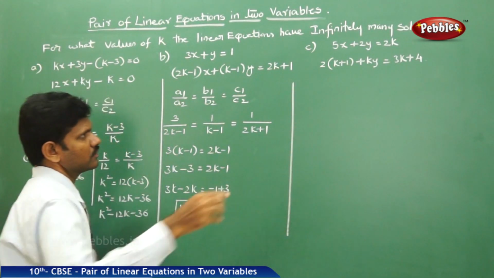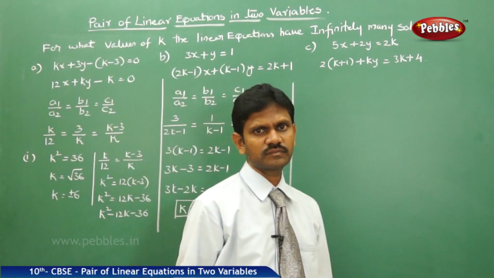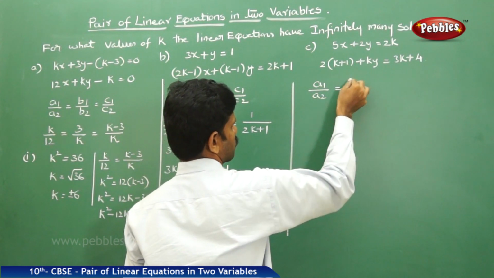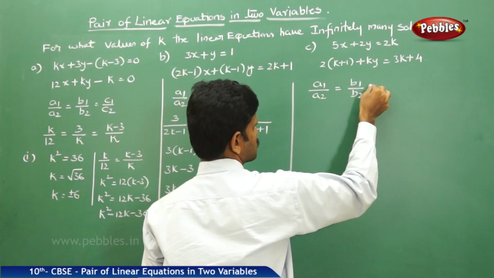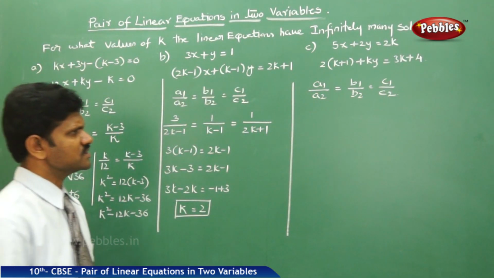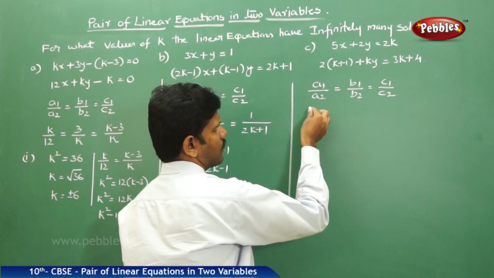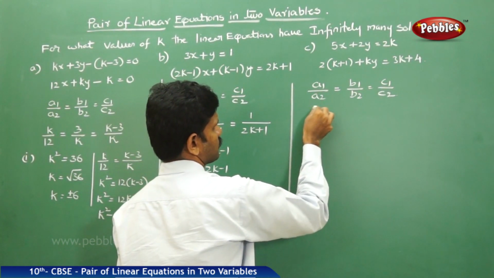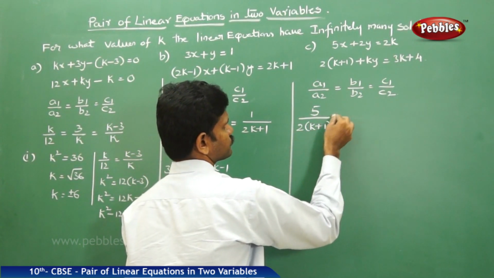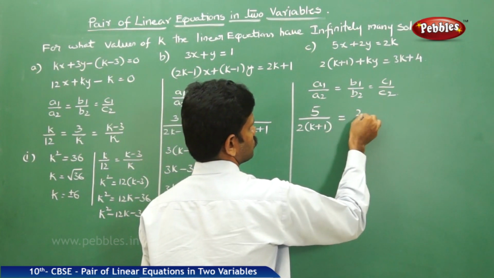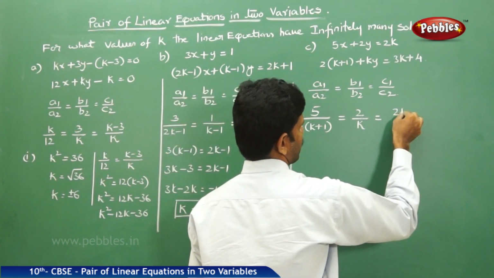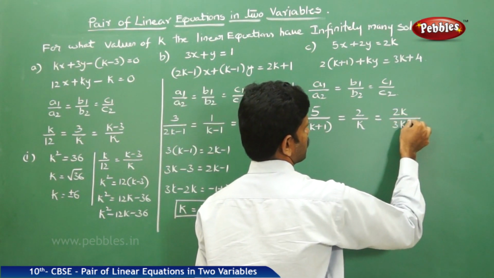Now we'll come to the third option. Third case, again apply the same rule. A1 by A2 is equal to B1 by B2 is equal to C1 by C2. That is, A1 by A2, that is 5 by 2 times K plus 1, is equal to 2 by K is equal to 2K by 3K plus 4.